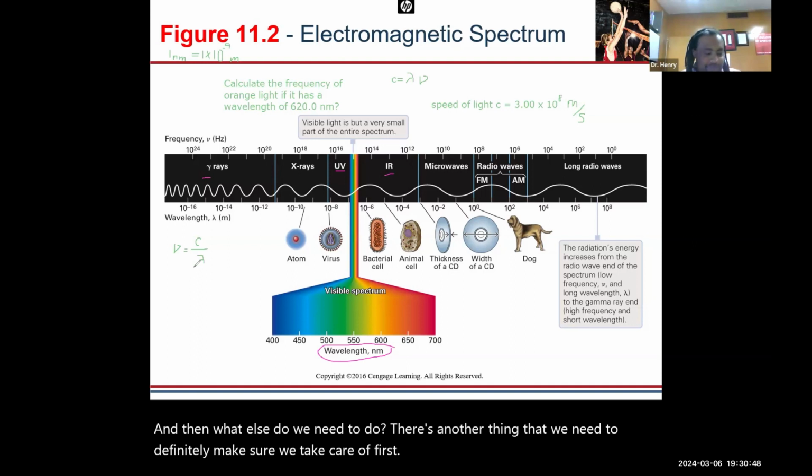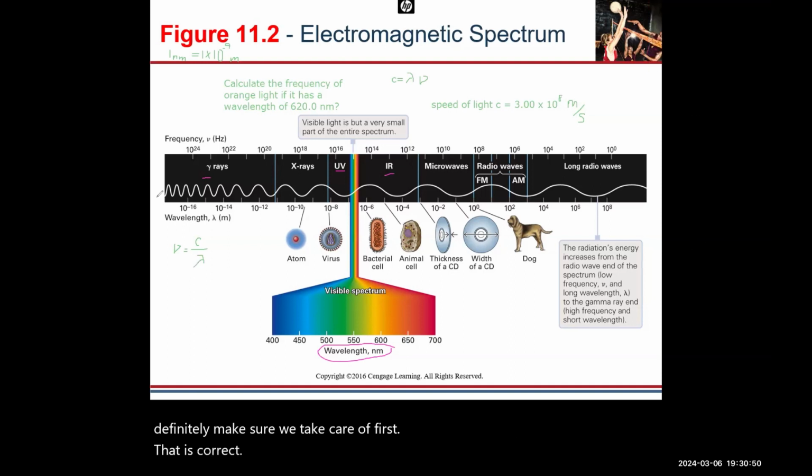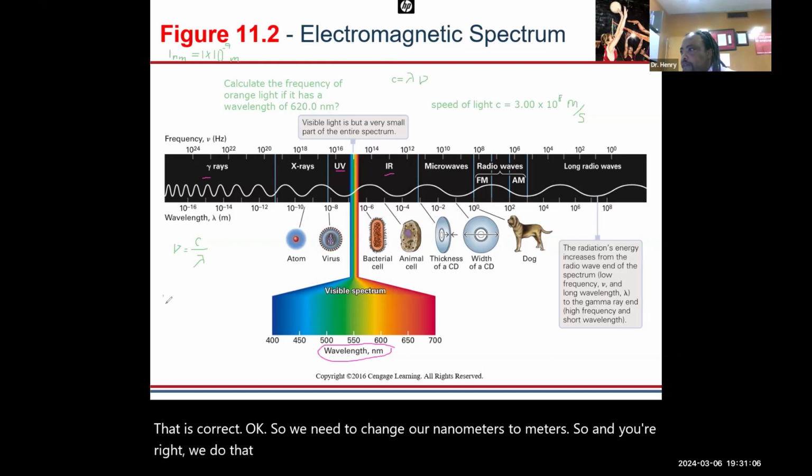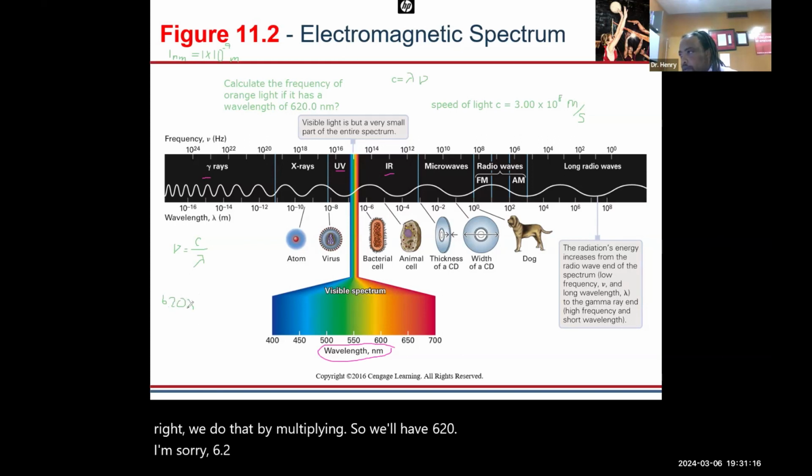That is correct. And we do that by multiplying it by 1 times 10 to the minus ninth power. That is correct. Okay. So we need to change our nanometers to meters, and you're right, we do that by multiplying. So we'll have 620, 6.20 nanometers. Writing like a third grader here.